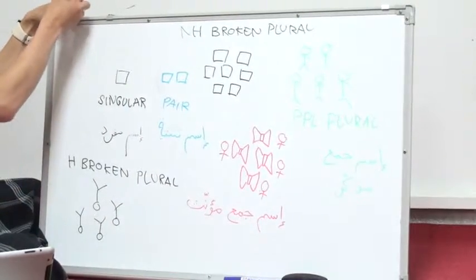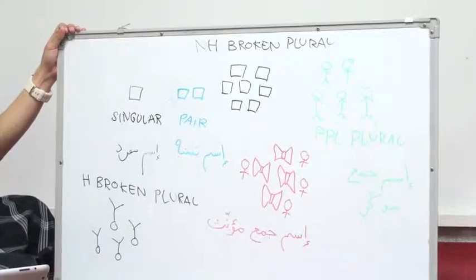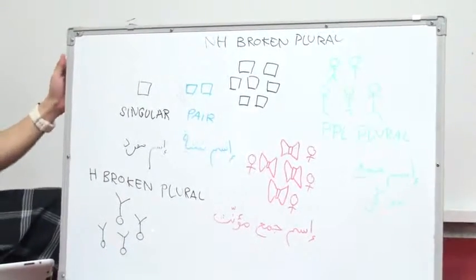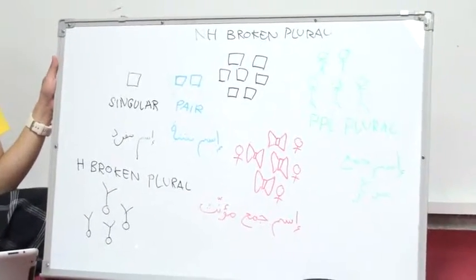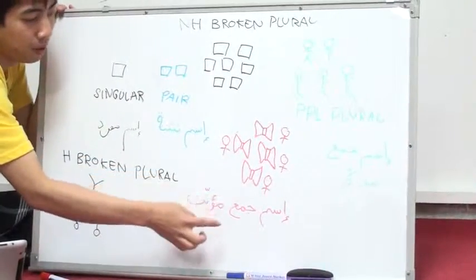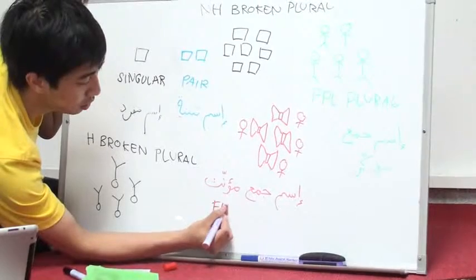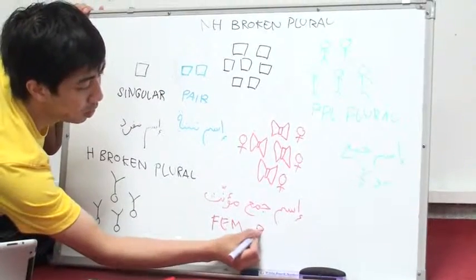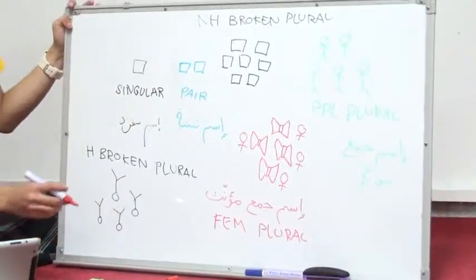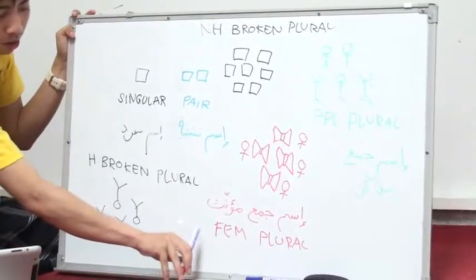So how many categories do we have? Six. What are they? Singular, pair, people plural, feminine plural, human broken plural, and non-human broken plural.